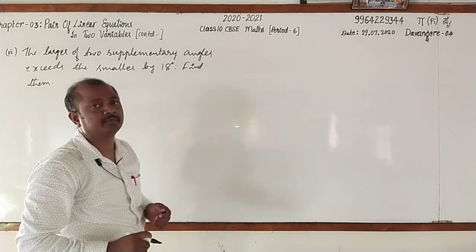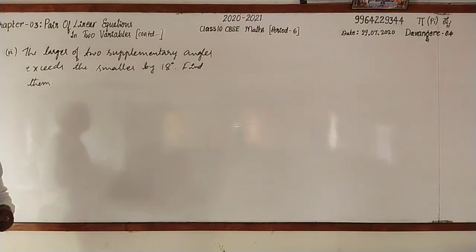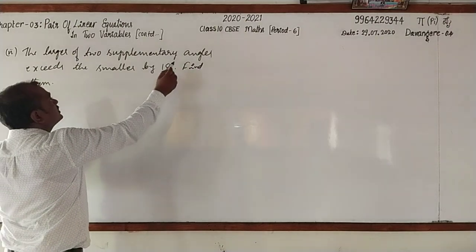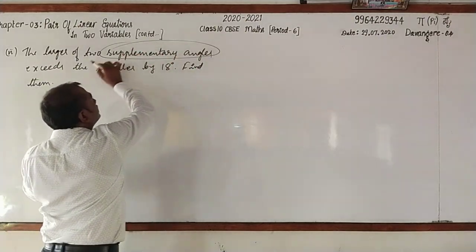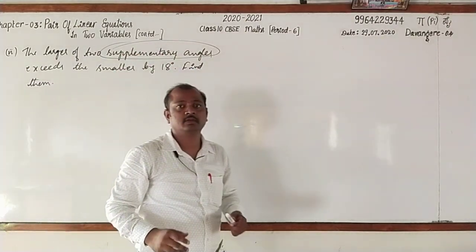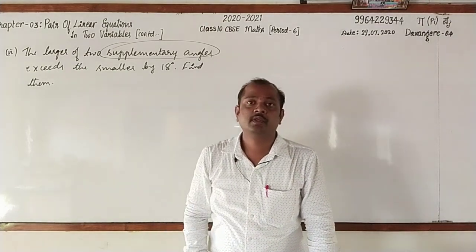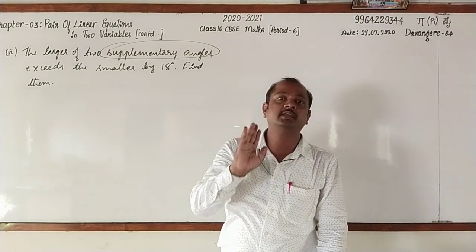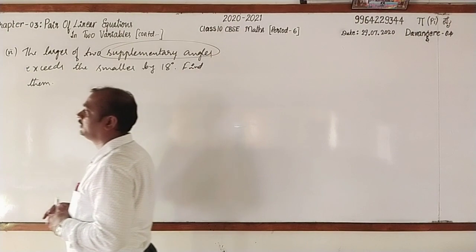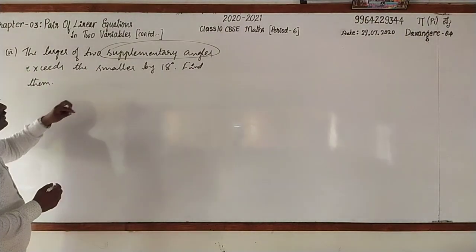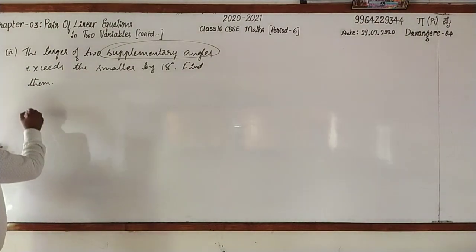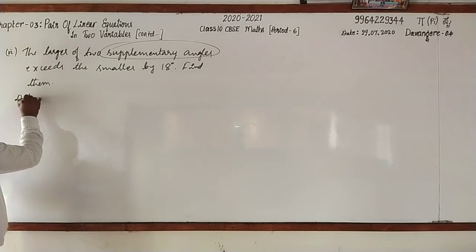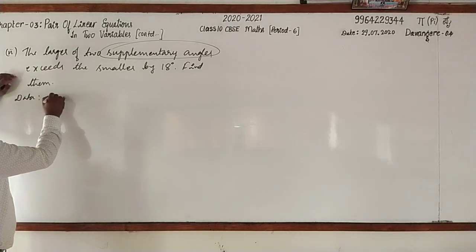Dear students, if you want to solve this, first you must know the definition of supplementary angles. According to this, if the sum of two angles is 180 degree, then they are said to be supplementary angles. Here we do not know that. Hence, let us assume the angles.